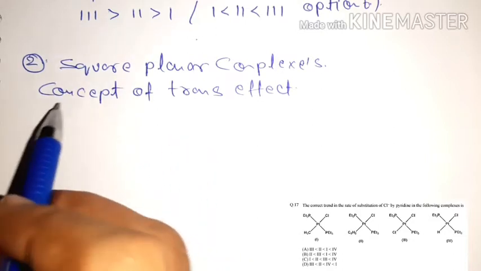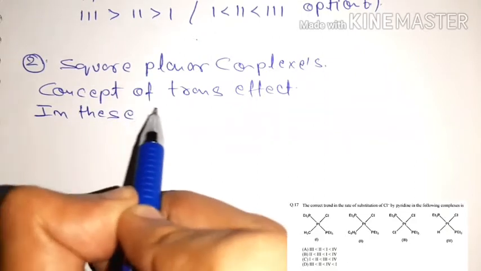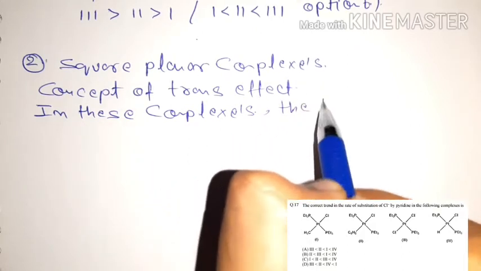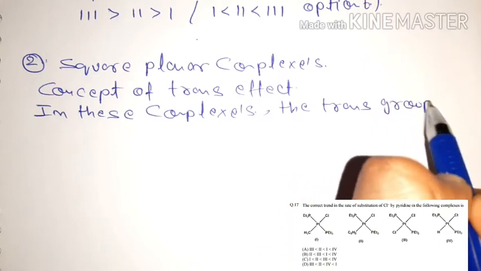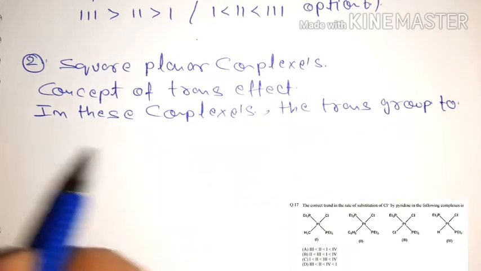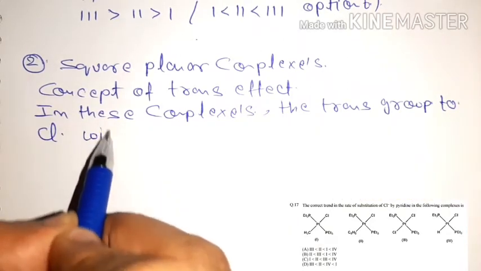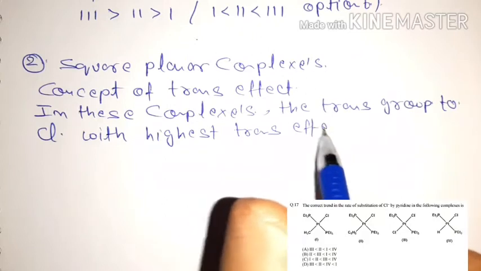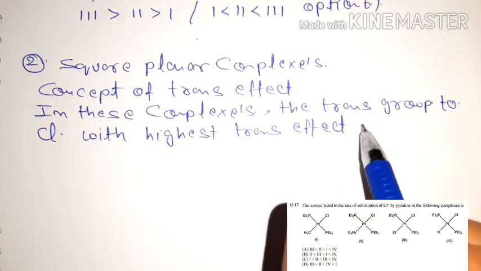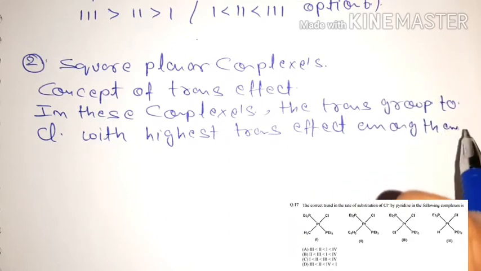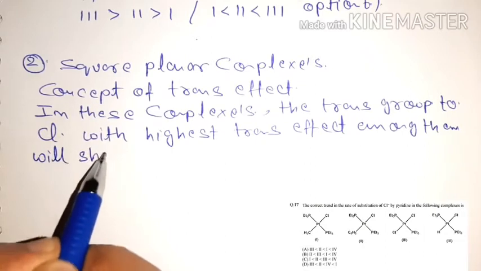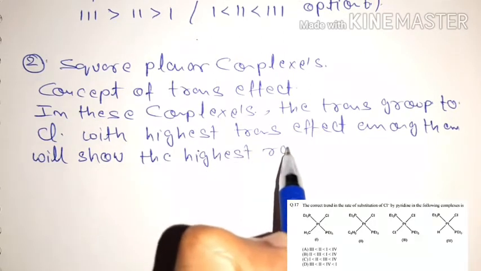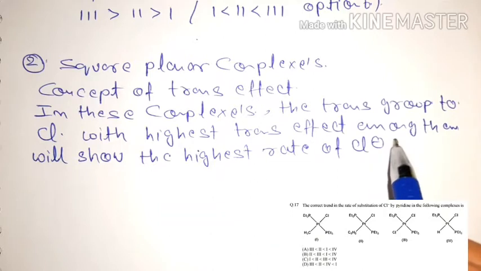So in these complexes, the trans group to chlorine with highest trans effect among them will show the highest rate of Cl minus substitution.